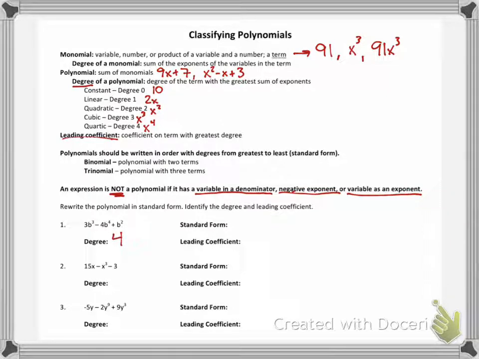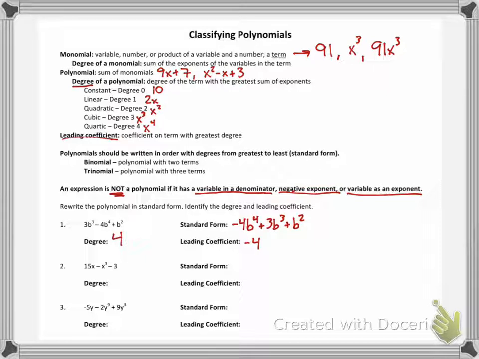To write this in standard form, I'm going to start by putting the negative 4b to the fourth term first. The next highest exponent is the 3b cubed, and then finally the b squared. Make sure you pull all the appropriate signs with it, pluses and minuses, to make sure it still has the same value. Your leading coefficient is out in front of the problem, and it's really easy to find when it's in standard form. It has to be in standard form for you just to rip that front number off. The leading coefficient there is negative 4.